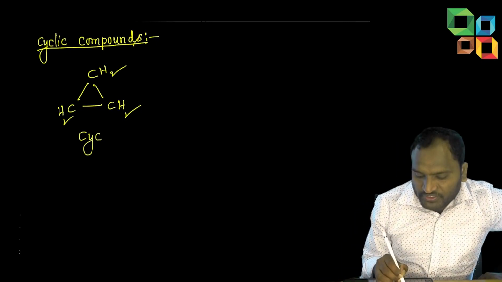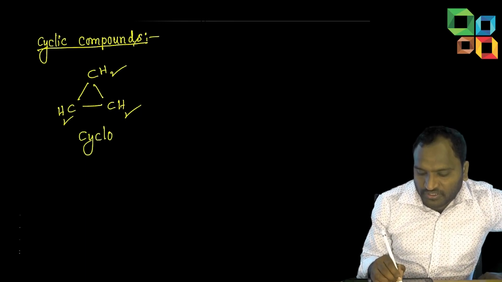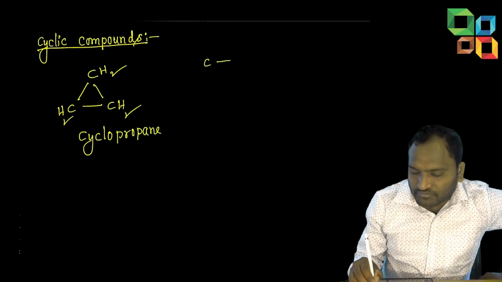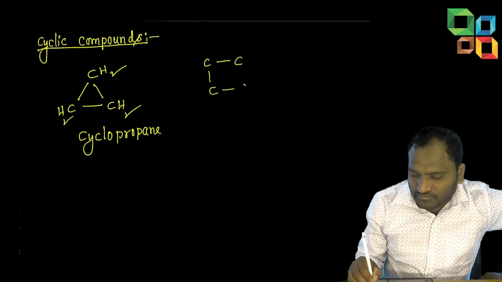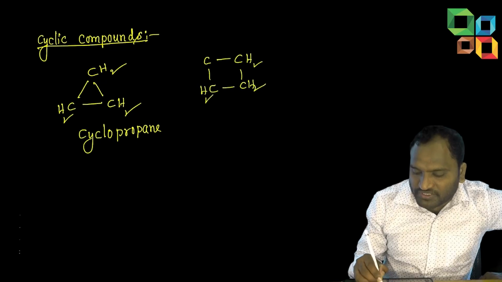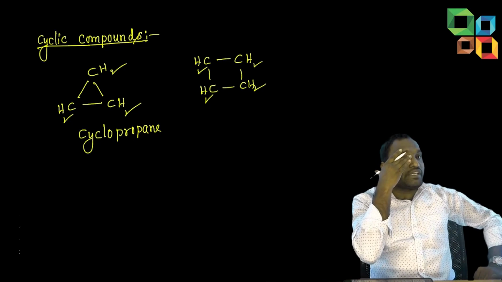We use the prefix cyclo. Total 3 carbon atoms are there, and there is no double bond, so we write cyclopropane. Can anyone tell the name of this one, students? Cyclopropane, I said. What about this one? Cyclobutane. Very nice.